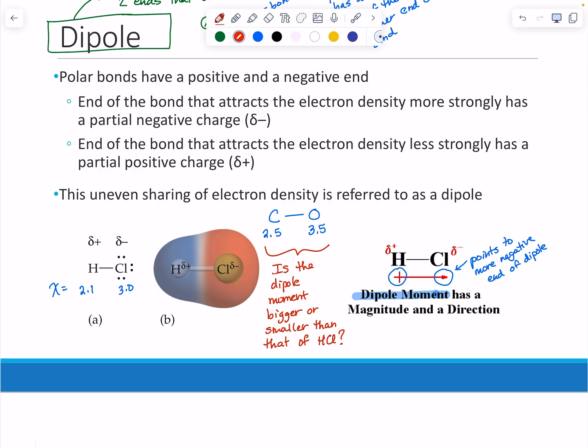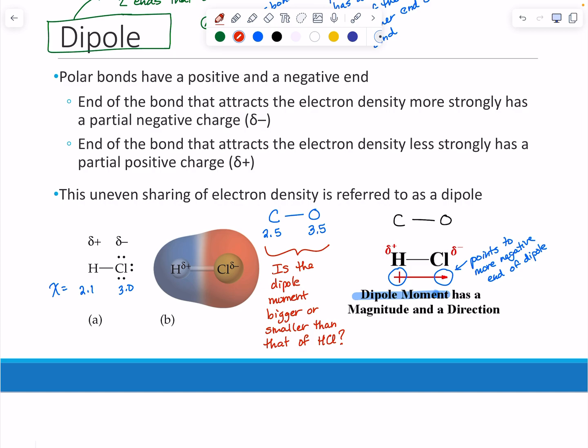So if I were drawing it here, all right, let's draw the dipole moment and put the charges in. Which atom is going to have the partial positive charge? If we look at this one, which one had the partial positive charge?